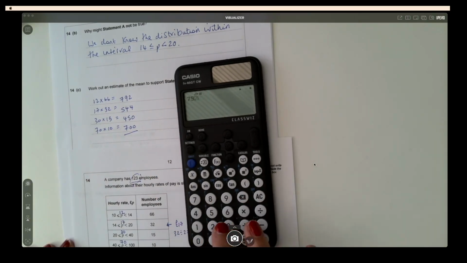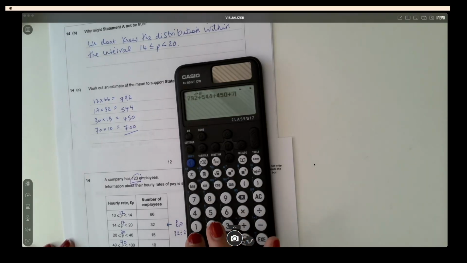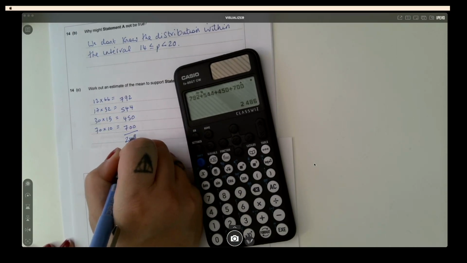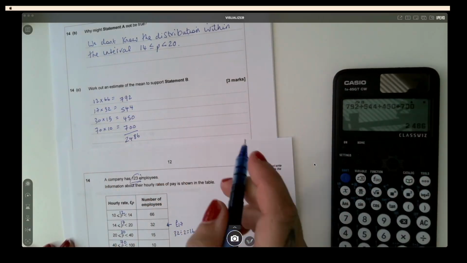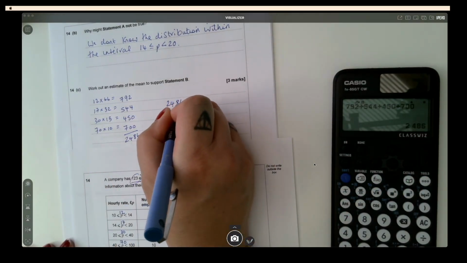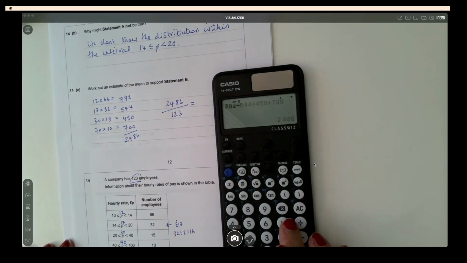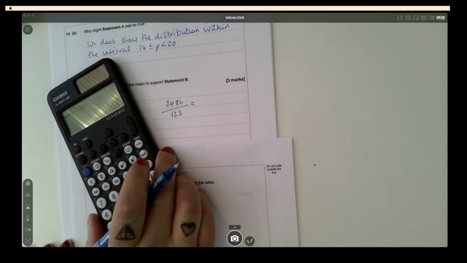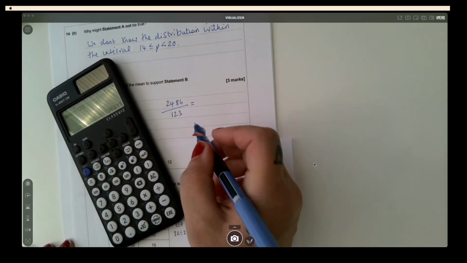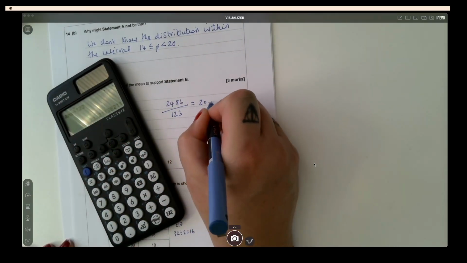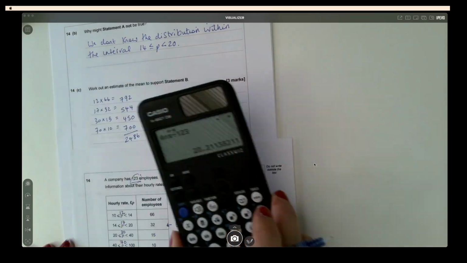So 792 plus 544 plus 450 plus 700 is 2,486. Now we're going to divide that by the total number of people, which we know is 123. So that tells us it's 20.21.